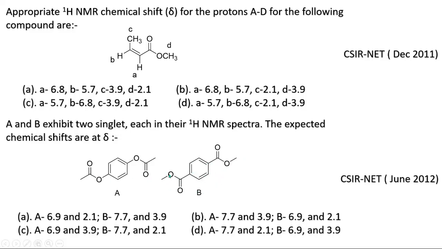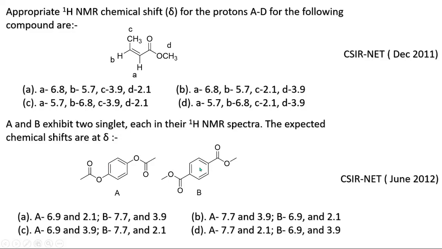Now the difference between these two compounds is that in one, the oxygen is attached to the benzene ring, and in the other, the carbonyl group is attached to the benzene ring. So how to deal with this problem? This will come in the aromatic region, and as there is an oxygen attached to the benzene ring, the lone pair of this oxygen will conjugate and this proton will be somewhat shielded.